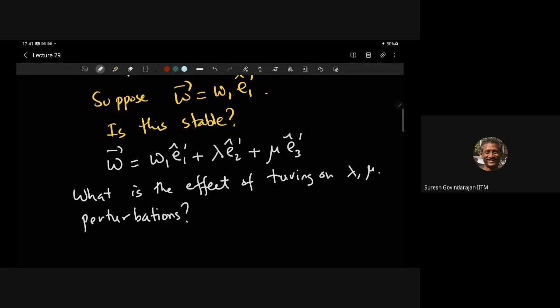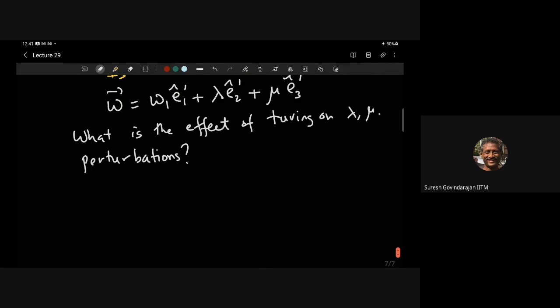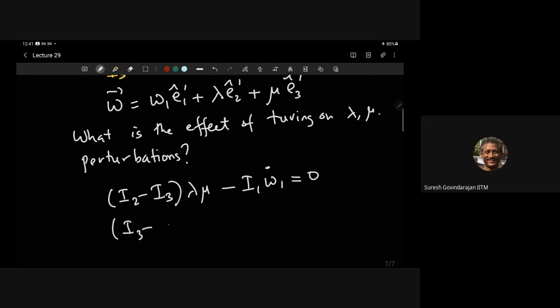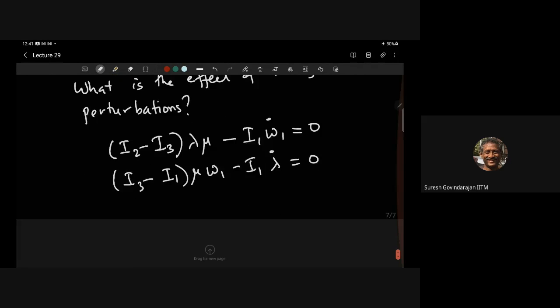Let's look at the equations of motion which we already had: I2 minus I3 times omega 2 omega 3, which is lambda mu, minus I1 omega 1 dot equals 0. Similarly, I3 minus I1 times omega 3, which is mu now, and omega 1, minus I2 lambda dot equals 0.